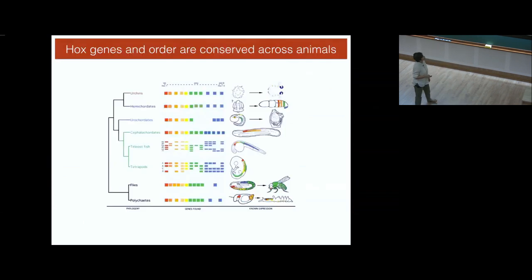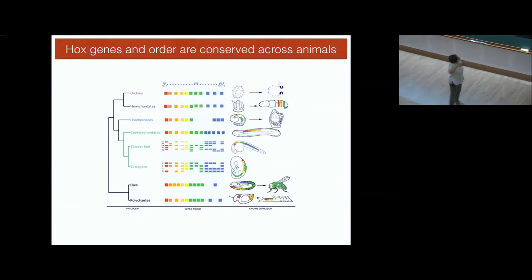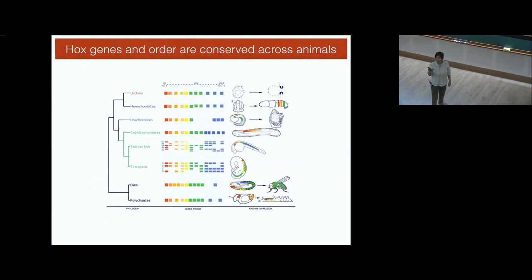So this is a phylogeny of animals showing you Hox genes. So the order of Hox genes is conserved. So this is, if you look across the genome, which one comes first and which one comes later. The colors represent different paralogs of a Hox gene, right? So the red is thought to be the most ancient copy of this one particular Hox gene that's present in all of these different animals.